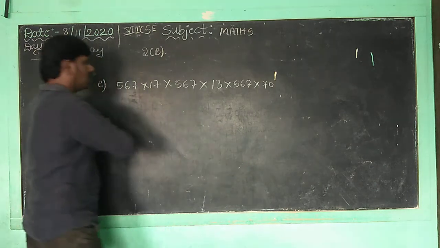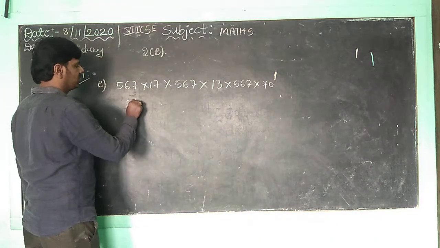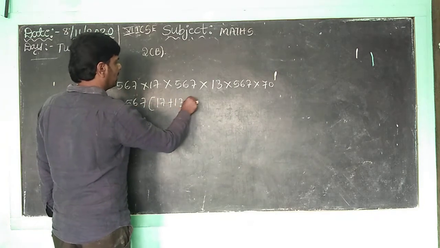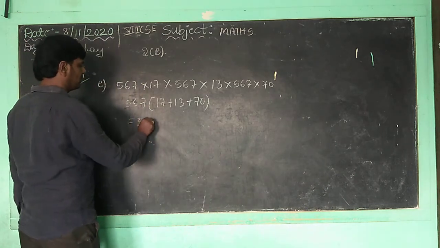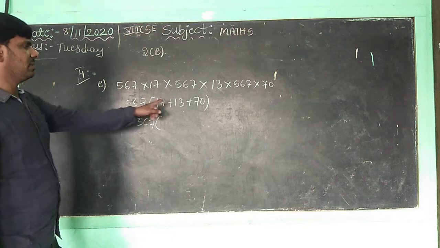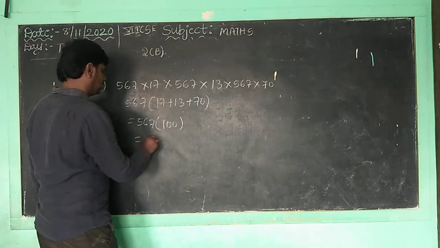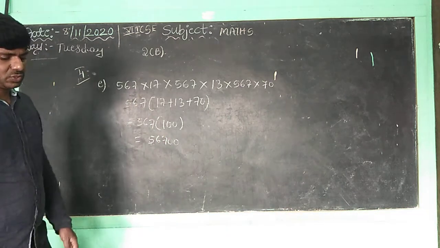Children, the common factor we have is 567. We want to take common factor 567, remaining 70 plus 30. So write 567 into the sum. Children, 30 plus 70 is 100. You want to multiply 567 by 100. Correct, children? You can understand this one.